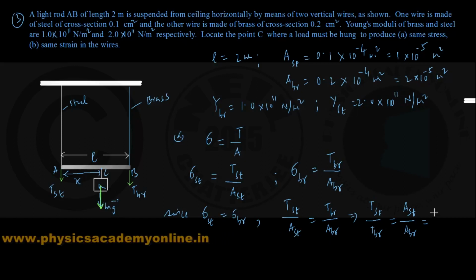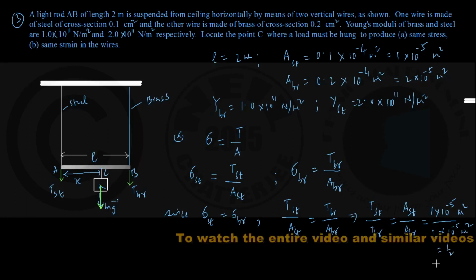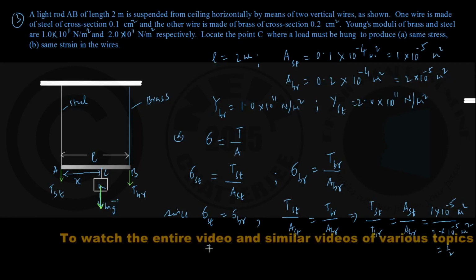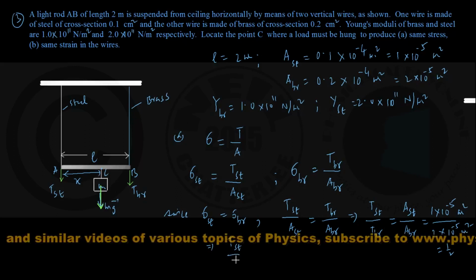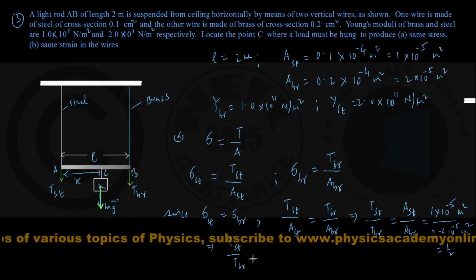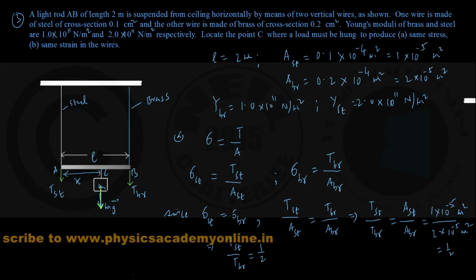So I might write it 1 into 10 to the power minus 5 meter square divided by 2 into 10 to the power minus 5 meter square. This ratio is coming out to be simply half. So we conclude that the tensile force acting on the steel wire by the tensile force acting on the brass wire must have a value of 1 by 2. Now once we know this result, let us come back to the figure and see how we can locate x with the help of this.